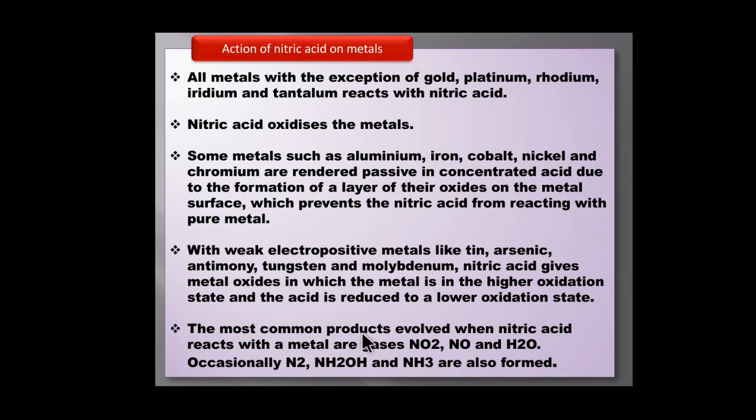The most common products evolved when nitric acid reacts with metals are gases: NO2, nitrogen dioxide, NO, nitric oxide, and water, occasionally N2, nitrogen gas, then NH2OH, hydroxylamine, and ammonia are also formed.